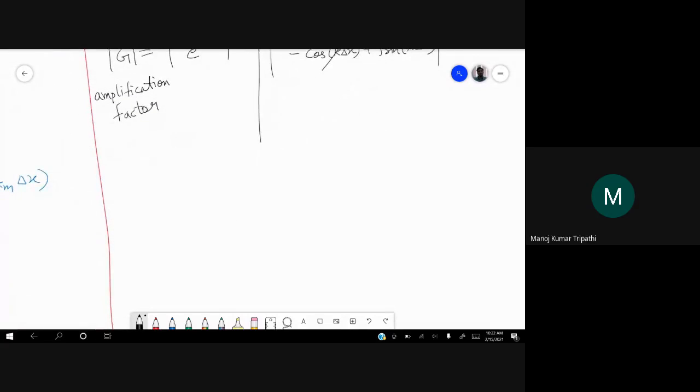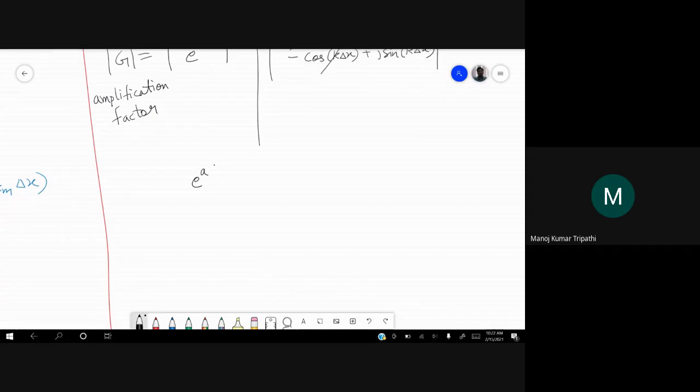E raised to the power a delta t, the mod of this will be equal to 1 minus c delta t by delta x, and there is a j here, sine k delta x.